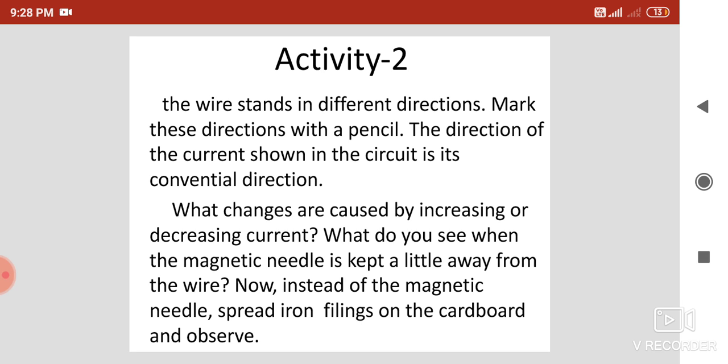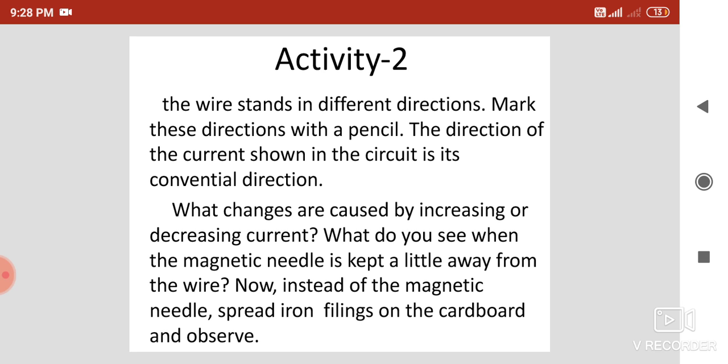Afterwards, you have to increase or decrease the current and see what changes occur around that wire. Also, when you keep the magnetic needle near or move it away from the wire, observe what changes you see in the needle.